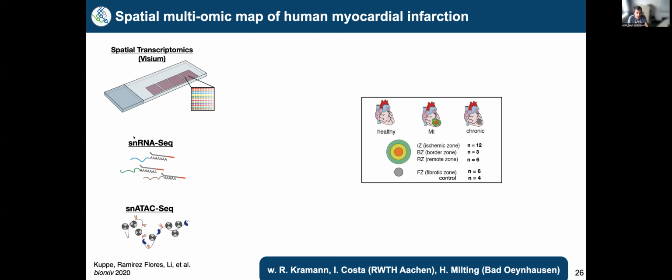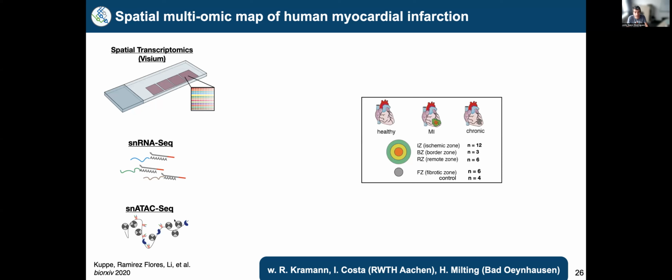For that reason, what we've done, and what other groups also do, is at the same time, from a sample next to the one where you do the spatial transcriptomics, to do single cell sequencing, in our case nuclear RNA-seq, with the idea that you can then combine them both and improve the resolution of the spatial data.